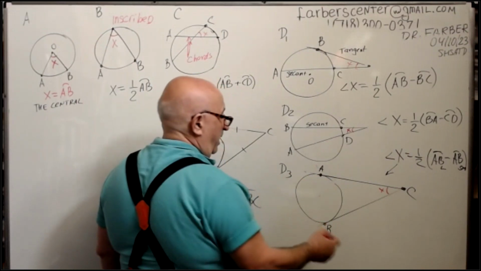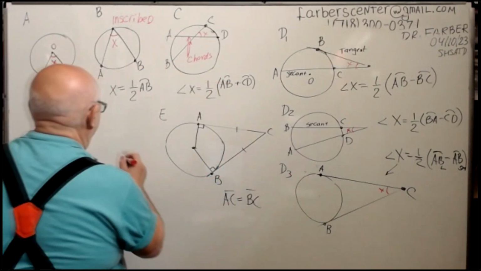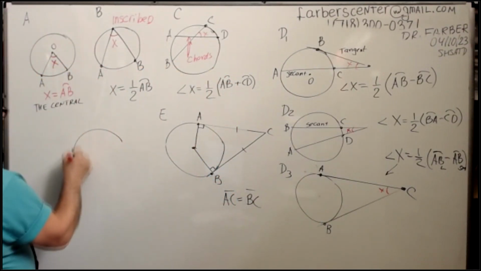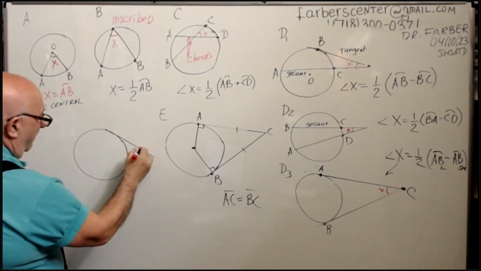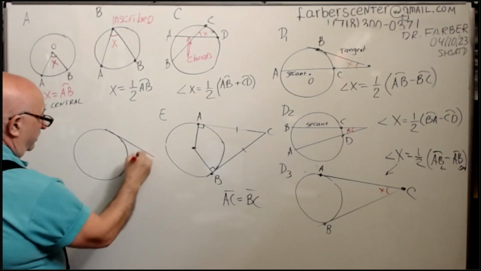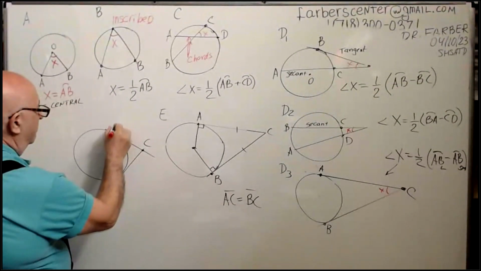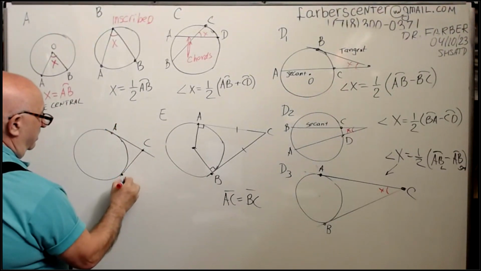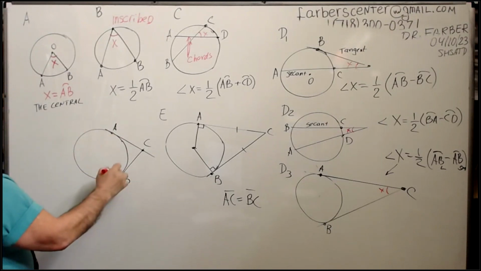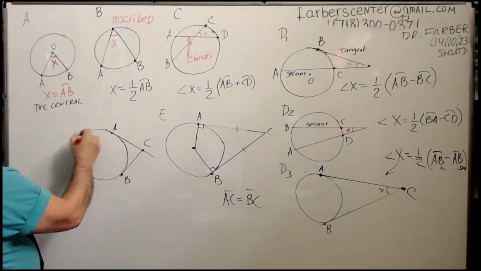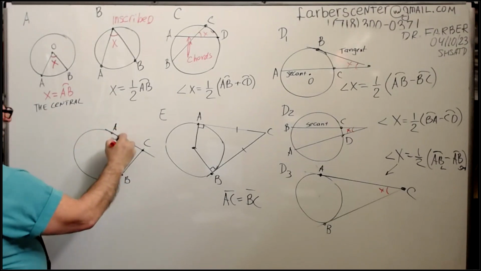I can say AB minus AB is 0, but they are not the same. Let me distort it. Okay, look at this. This is C, this is A, this is B. Can you see, Alexander, that this AB is the big one, and we name it major AB. And this also has the name AB, but this is the small one, minor.